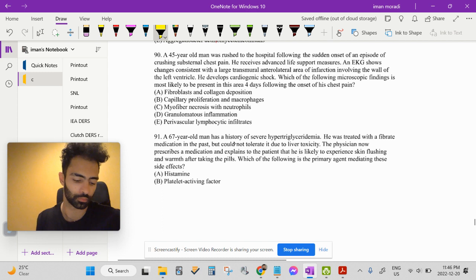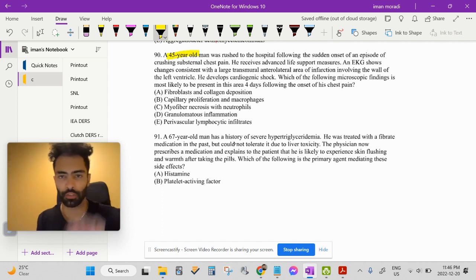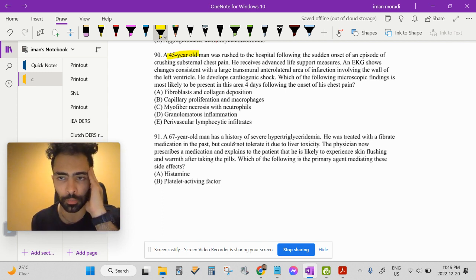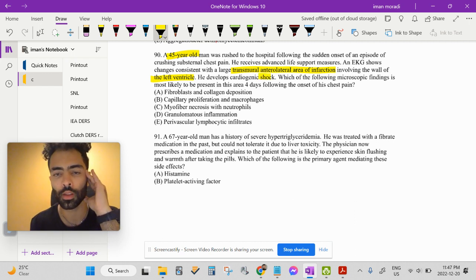Okay. A 45-year-old has an EKG that shows an infarct, a transmural anterior medial infarct, and develops cardiogenic shock.